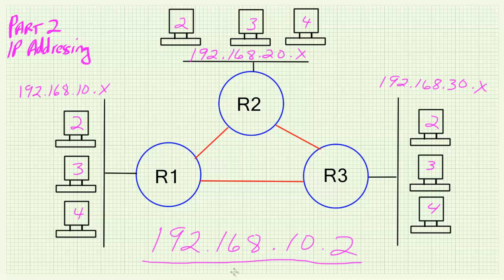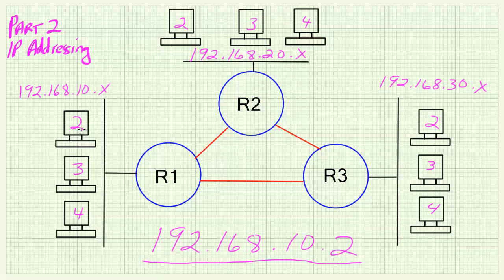I've also written out IP addresses for each of the computers connected to the local area networks in our topology. And the way I've done that is something that you'll often see done when you're interpreting network topology diagrams. So let me explain what's going on here. Up here at the top, notice that I've written 192.168.10.x. And down below, you can probably see where this is going.